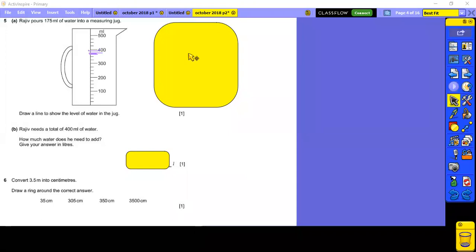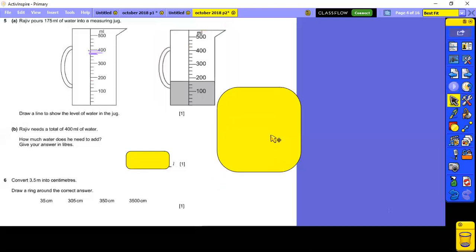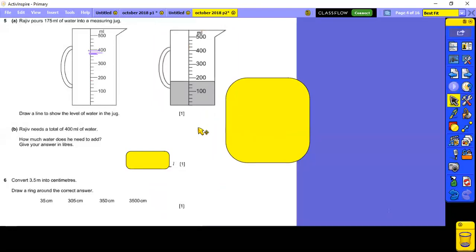He said that he poured 175 milliliters of water into a measuring jug. So you will go to 175. So the right answer is this one.